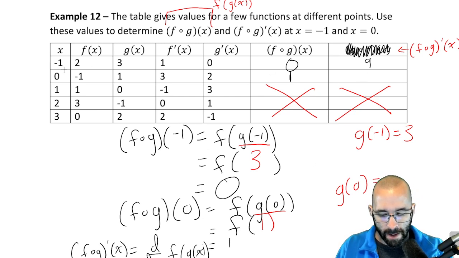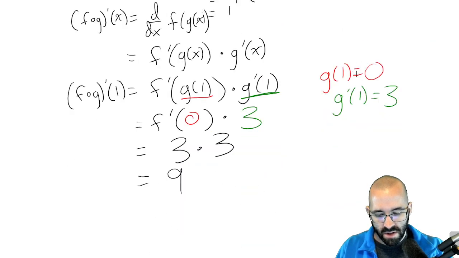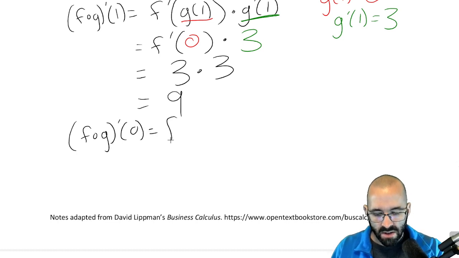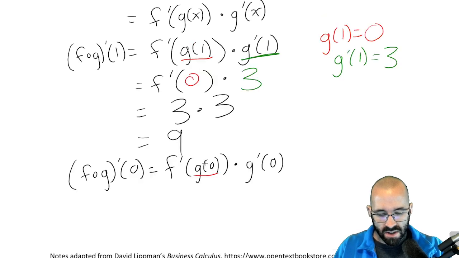All right. Next up, we need to find f of g prime when x is 0. So we're going to do something very similar. F of g prime when x is 0. Same thing as before. Try to do this on your own. G of 0, we need to find what that is.